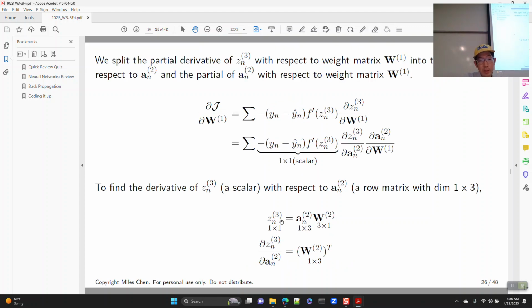This is taking our A2 matrix multiplied by our second weight matrix. So what is the derivative or the gradient of Z3 sub n with respect to A2? This is going to be W2 transpose. So here we get W2 transpose.